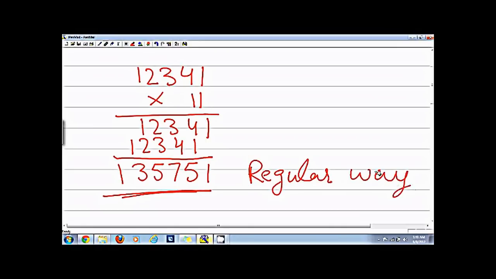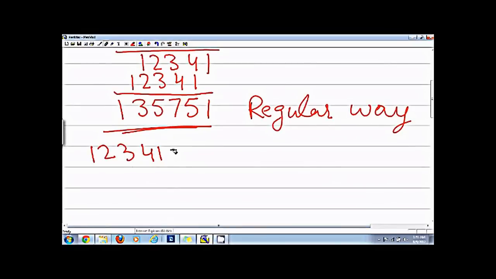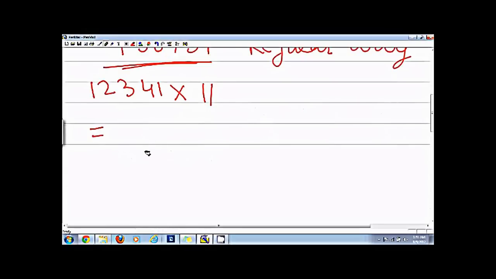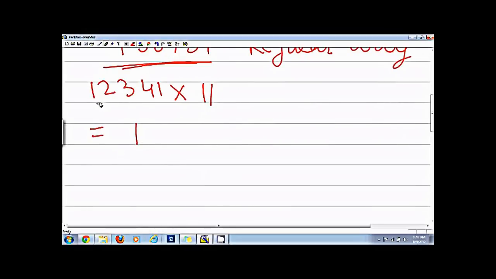Now we can skip all this writing and approach this problem in a different way. Suppose we have 12341 and we want to multiply it by 11. I will write 1 here, and then add 1 and 2, that is equal to 3, and then add 2 and 3, that is equal to 5, and then add 3 and 4, that is equal to 7, and then add 4 and 1, which is equal to 5, and then write 1 in the end.